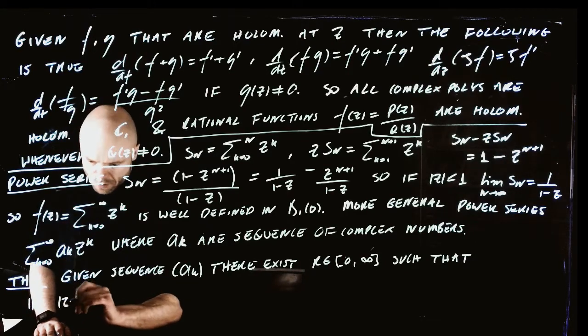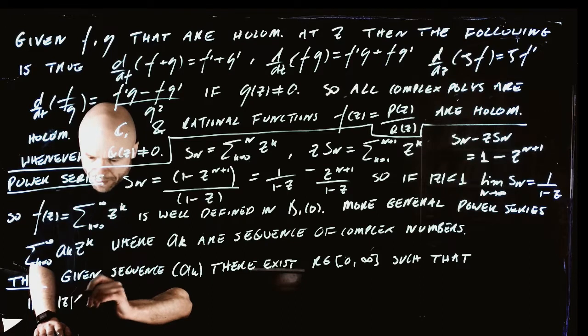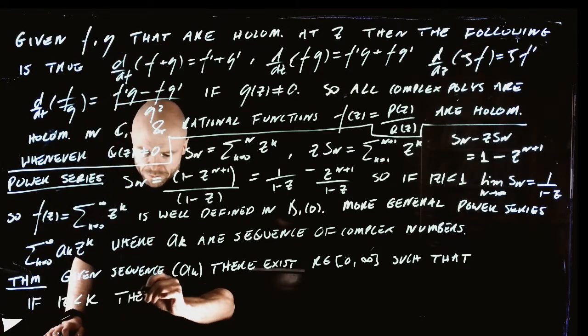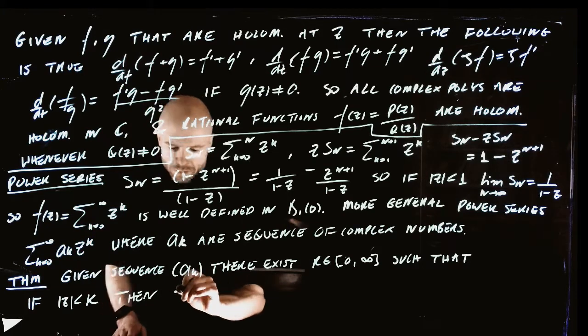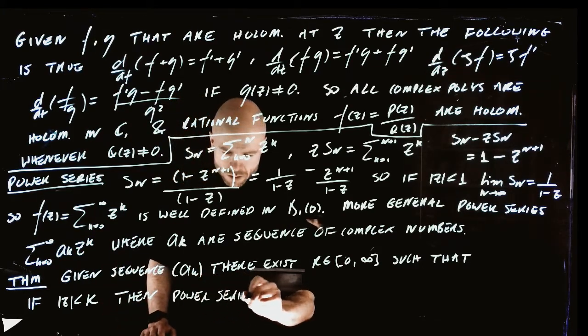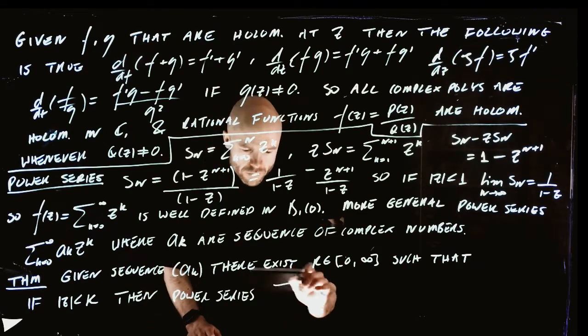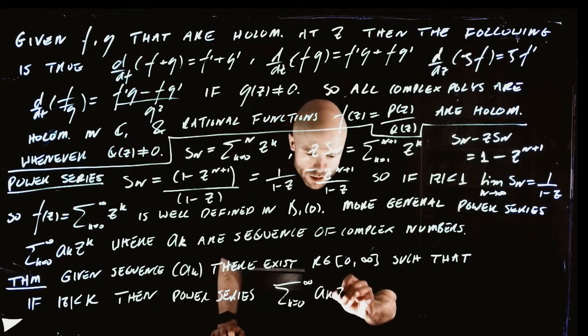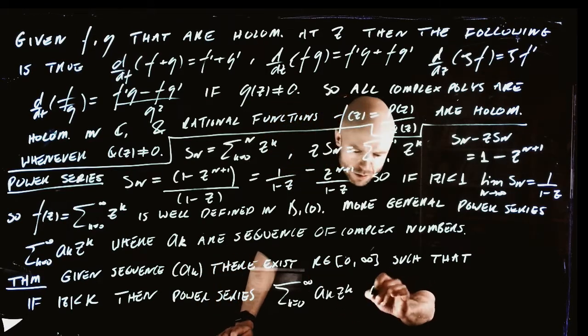If mod z is less than R, then the power series, the sum k equals 0 to infinity of a_k z to the k, converges.